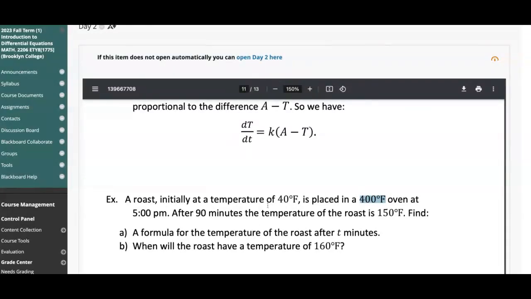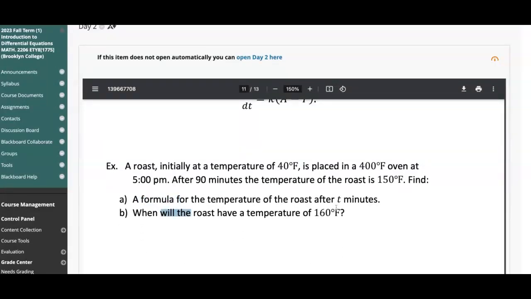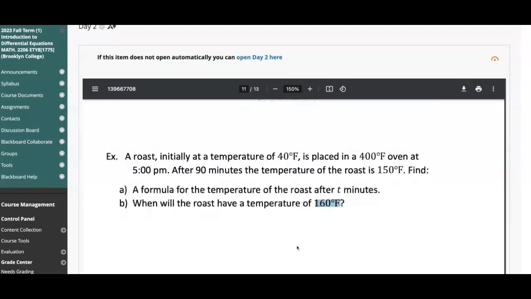And T is the object, so T is 40 degrees Fahrenheit. So for us, A minus T would be 400 minus 40. At 5 p.m., after 90 minutes, the temperature of the roast is 150 Fahrenheit. We want to find a formula for the temperature of the roast after 10 minutes. Then, when will the roast have a temperature of 160 Fahrenheit?